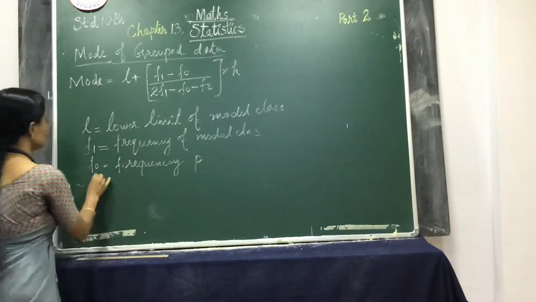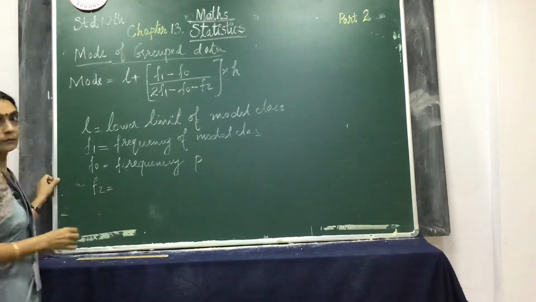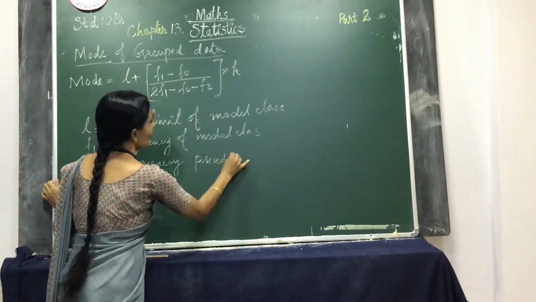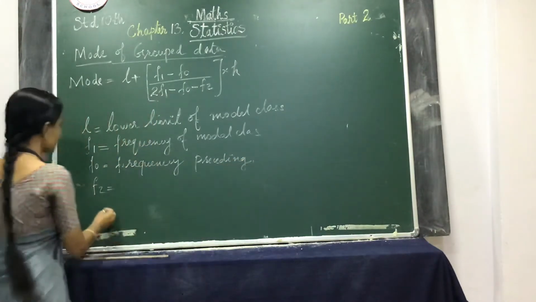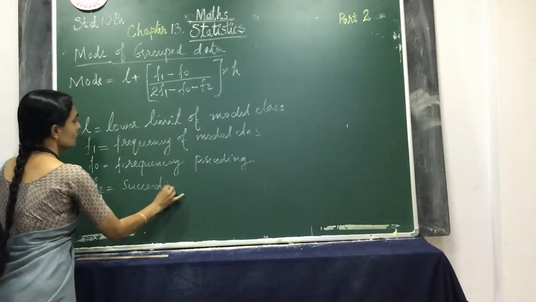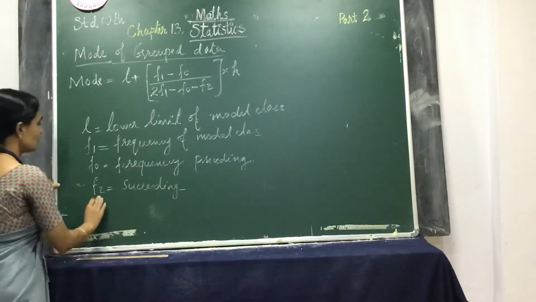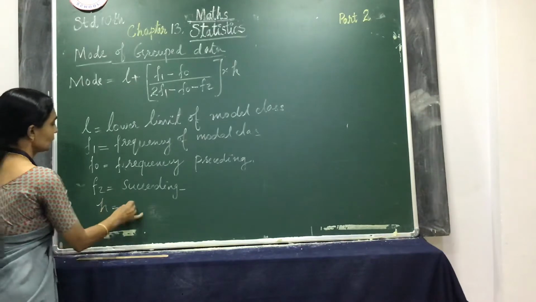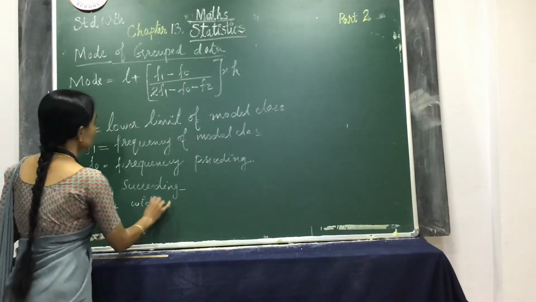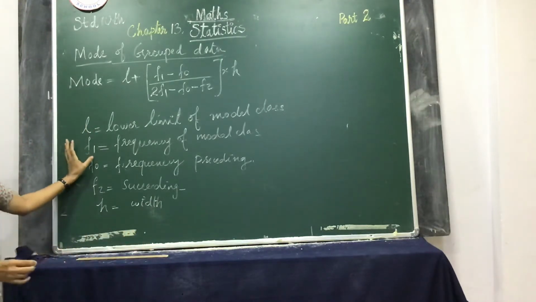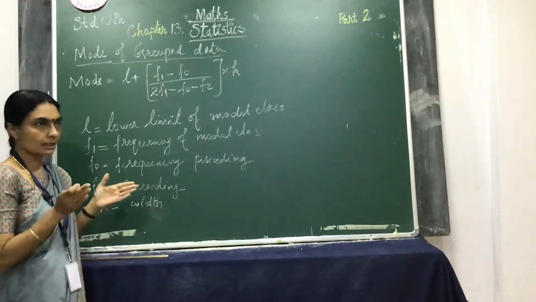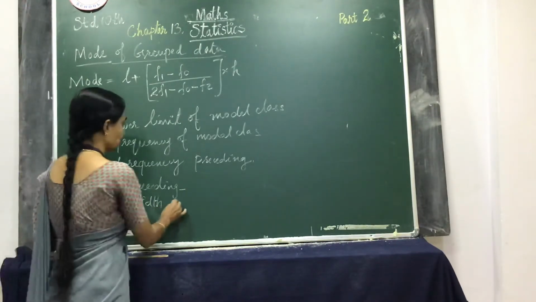And H is the width of the class interval. The width of the class interval means the difference between the lower and upper limits. Usually we take all the class intervals having the same width.